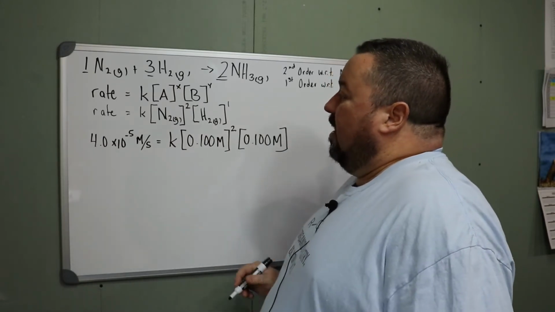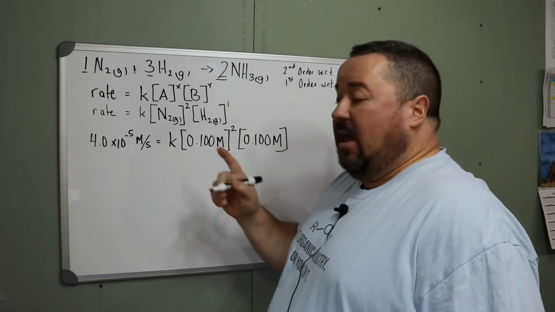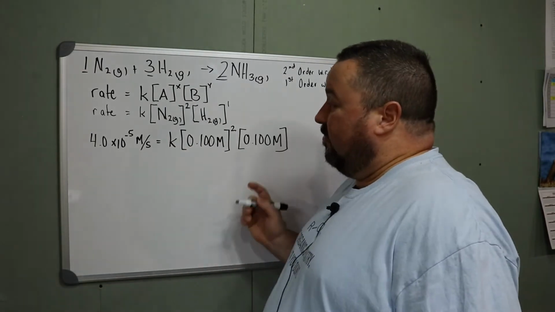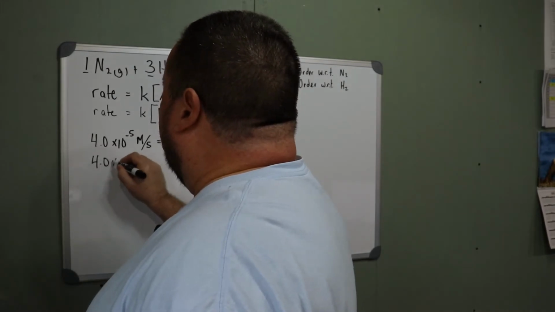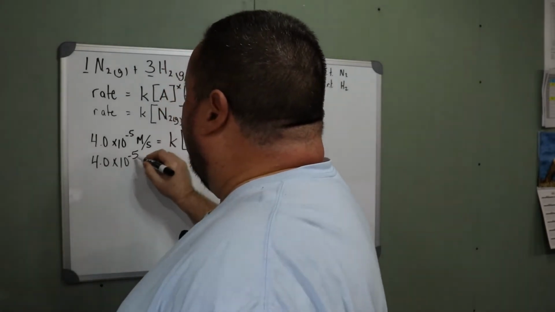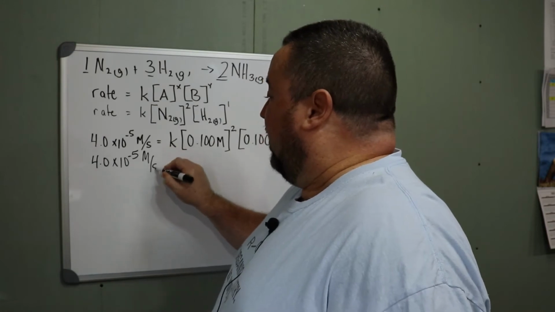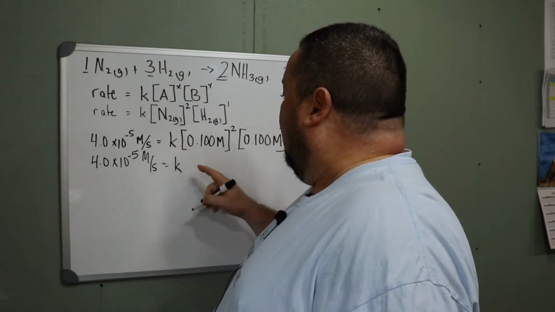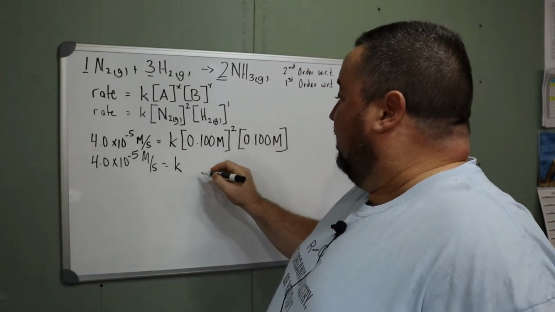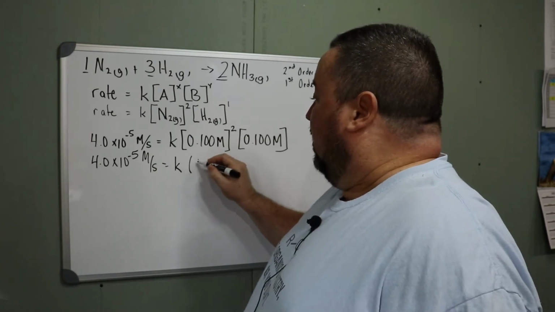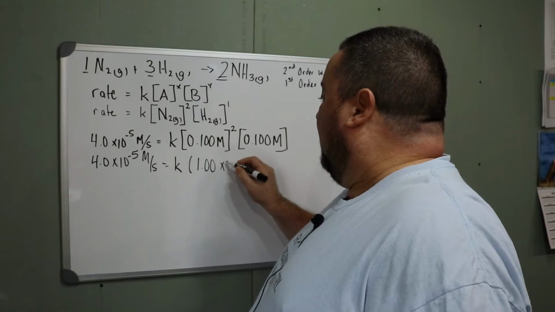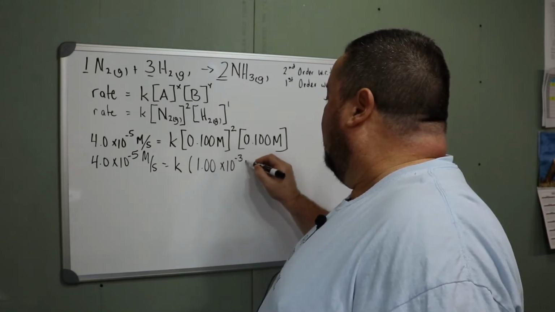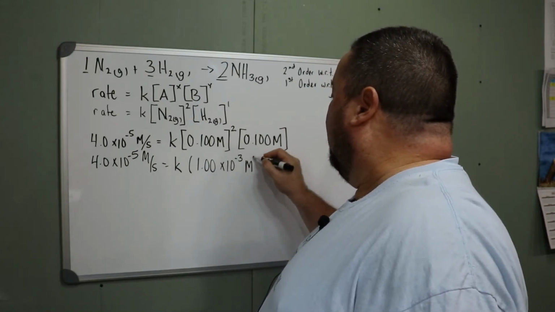And now all we have is one unknown, K, and we just need to use our algebra skills, rearrange and solve. So 4.0 times 10 to the negative 5 mole per liter per second is K. And when I square this and multiply this, I will have 1.00 times 10 to the negative 3 mole per liter, or molar cubed.